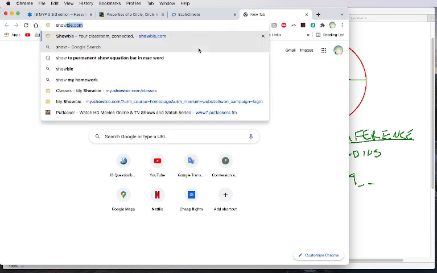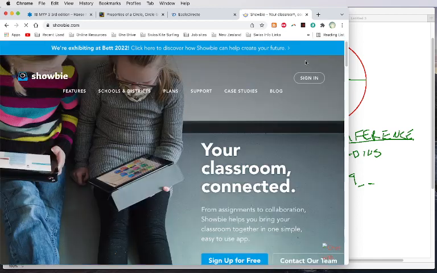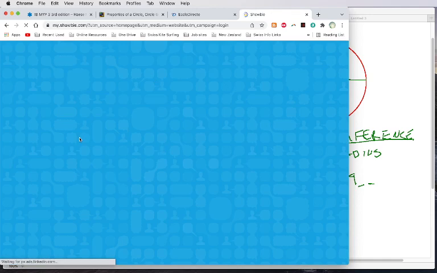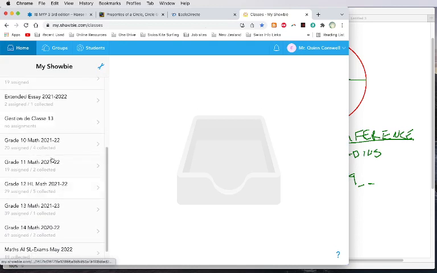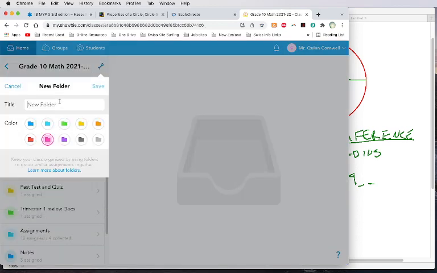So if we go to Shobi, I sign in. If you go into grade 10 here, I'm going to create a folder called measurement.